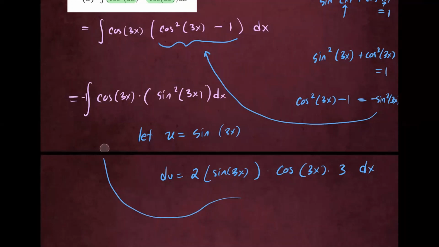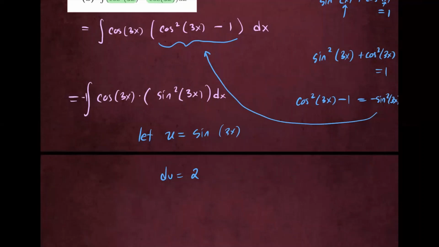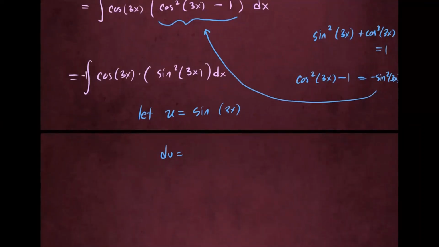I'm just going to pick sine 3x to be my u. Because once I do that, all I have to rewrite the integral will be u squared, and hopefully du is somewhere there. So let me know if anyone has any question why my selection for u is sine 3x. Okay, so carrying on. The derivative of sine 3x, that's cosine 3x times 3 dx.